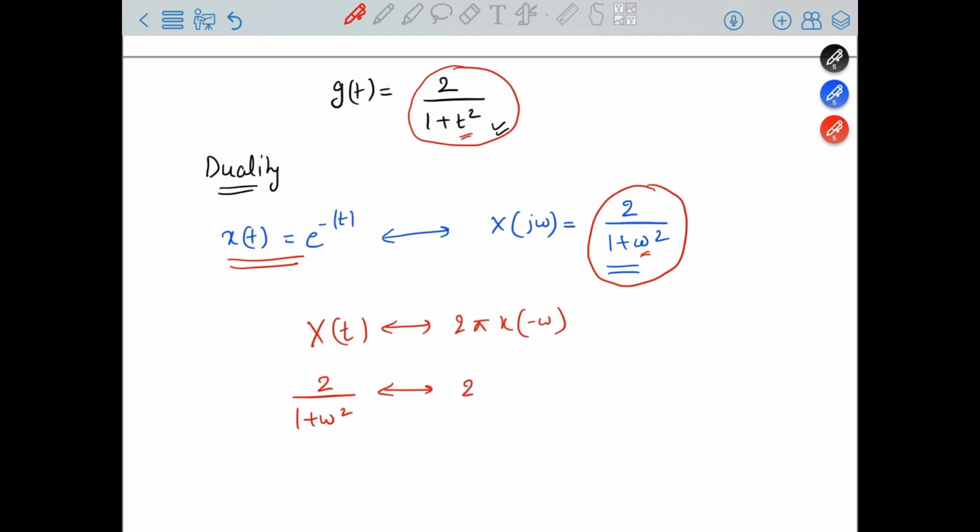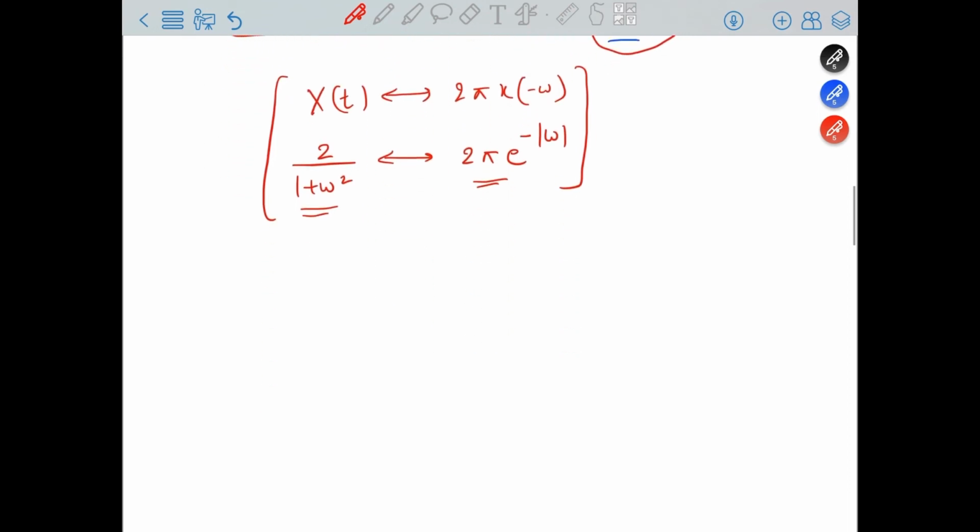It can be written as 2 pi times x(minus omega), which is e raised to the power minus mod of omega. So this is the Fourier transform of 2 over 1 plus omega square using the property of duality, and in this way we directly get this form.